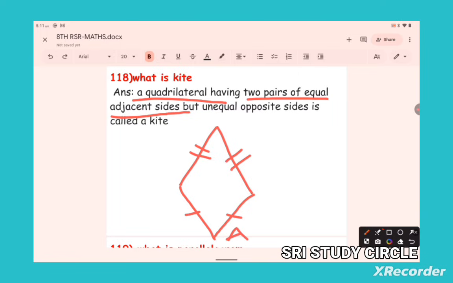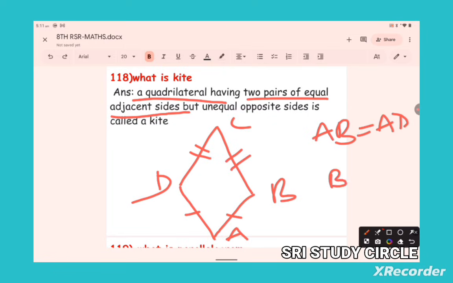Suppose ABCD. In that, AB is equal to AD. Next, BC is equal to DC. The lengths of the adjacent sides are equal, but the opposite sides are not equal.